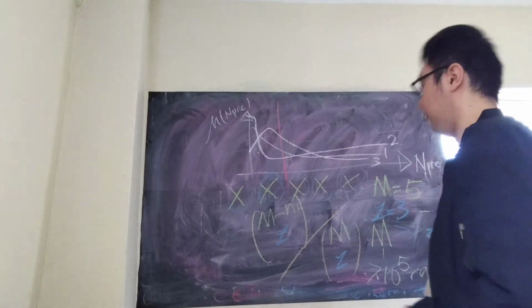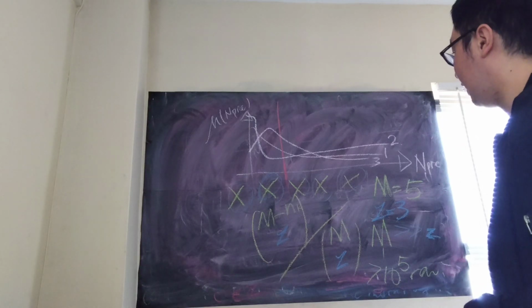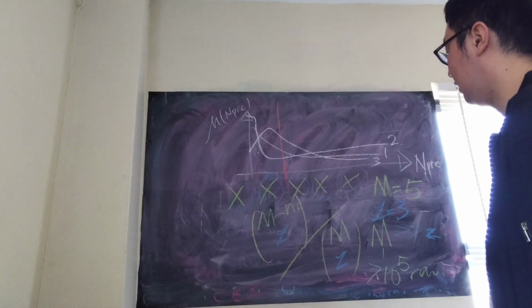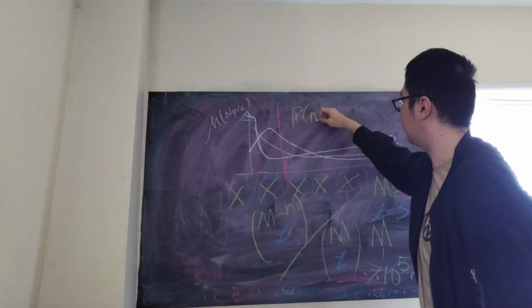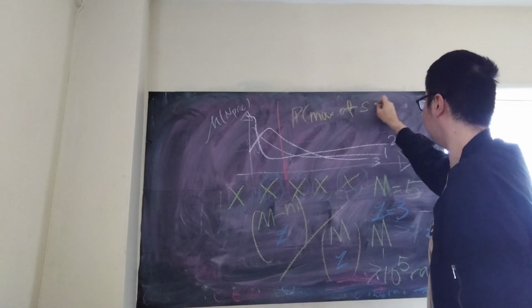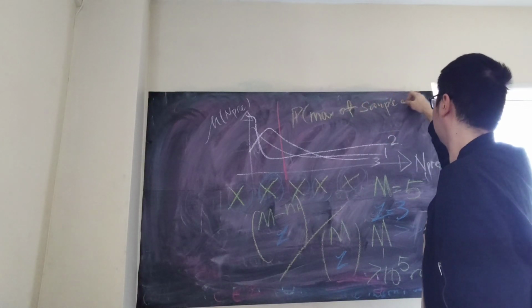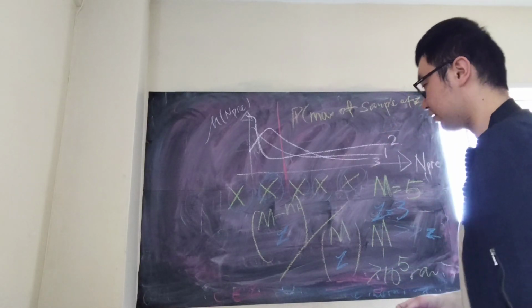I guess you can use Stirling's formula, and then you can have the probability that the max of a sample of Z, the order statistics, is less than n.